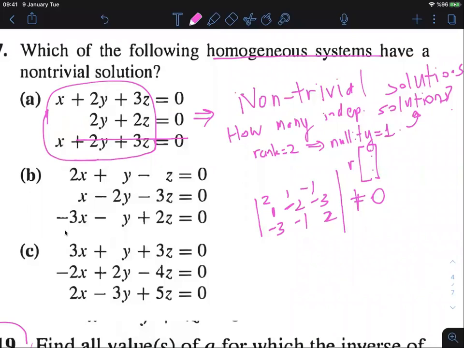Remember the fundamental theorem of linear algebra and the rank: the number of independent rows and the number of independent columns are equal. That's an interesting result. If these rows are independent, these columns should also be independent. So it doesn't change whether you look at the rows or columns.